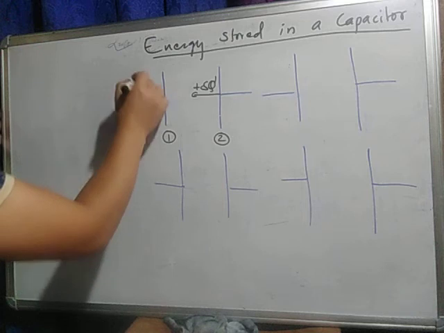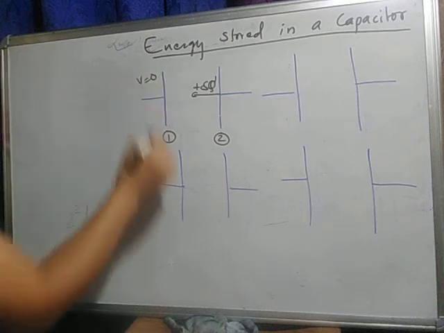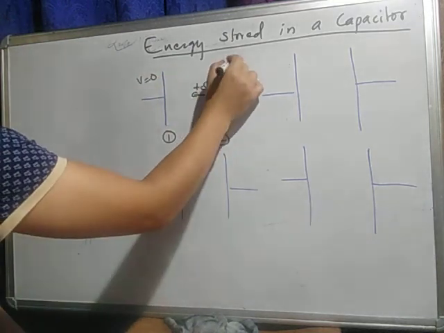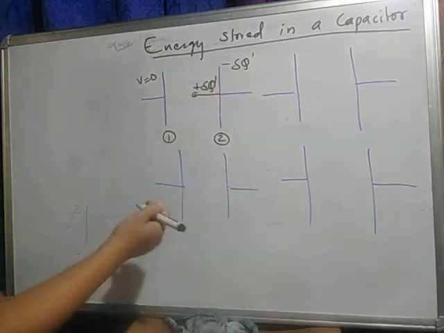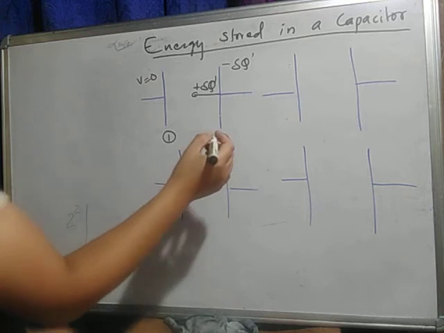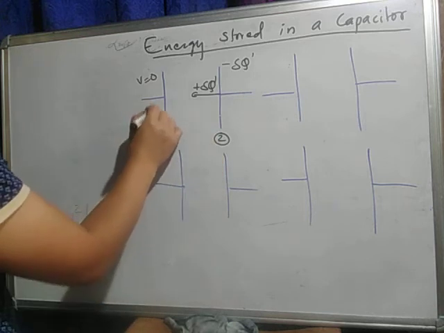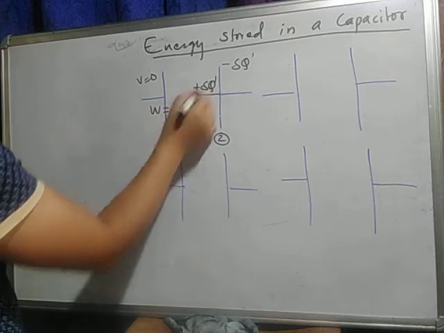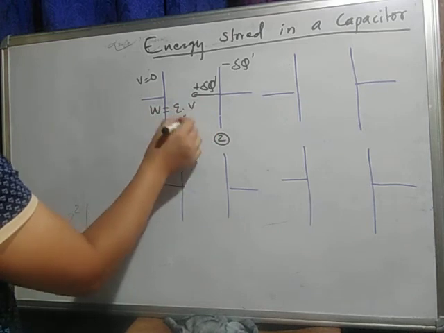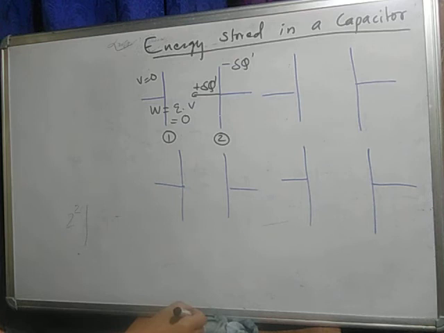So initially V equals to 0, so how much remains? Minus del q dash. So work done, we know work done equals to Q into V. So Q is something, but V equals to 0, so work done is 0. Clear?